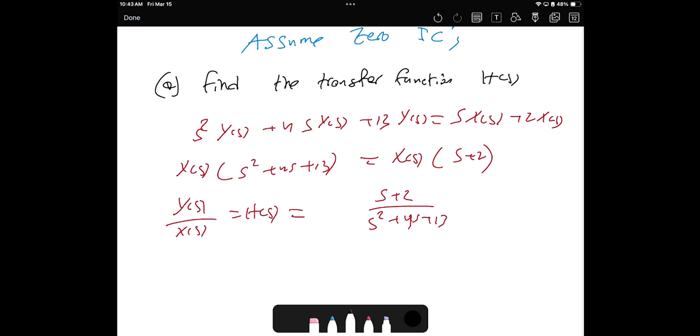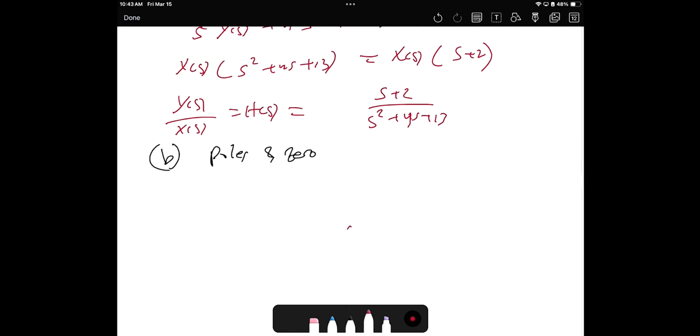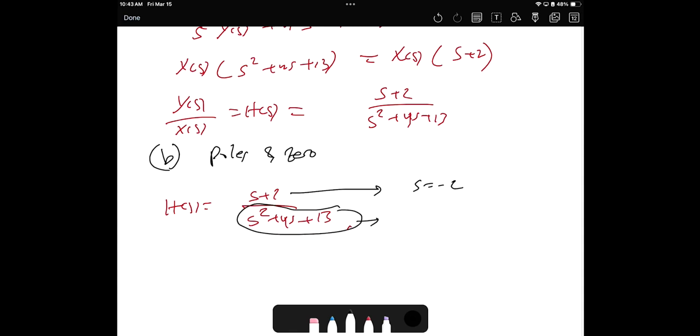Part B, find poles and zeros. Try to find the roots of the numerator and denominator. So we already know here h of s equals s plus 2 divided by s squared plus 4s plus 13. So the root of the numerator is s equals negative 2, while for the denominator, how to find the roots?